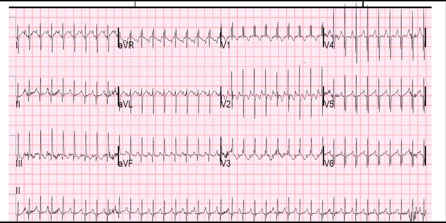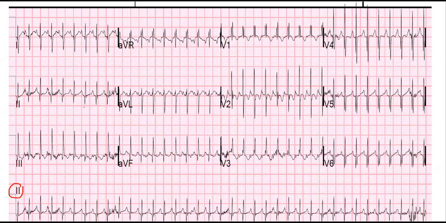So what is the most important thing you will look for? You look at the long lead, which is lead 2 here, and you will be looking for anything which can cause palpitation. The most common questions are SVT, AF, such as atrial fibrillation, and atrial flutter. Those are commonly asked questions, so you'll be looking for those first.